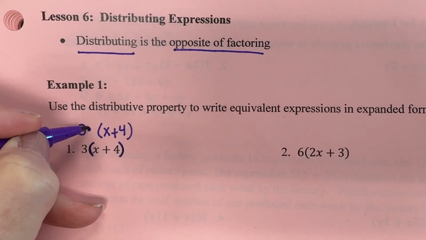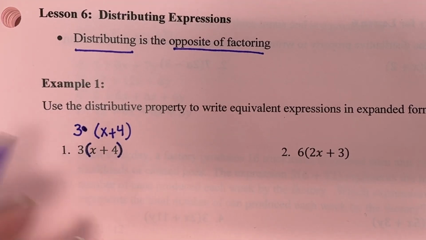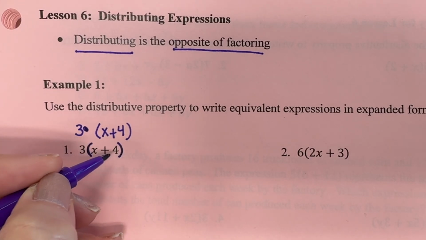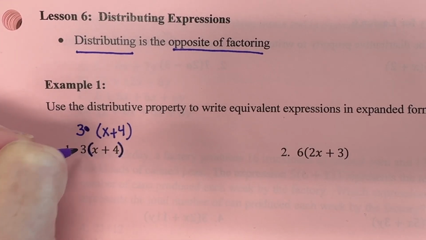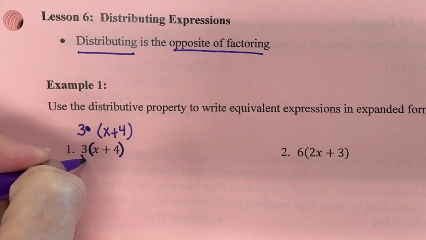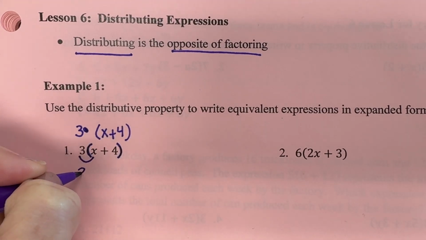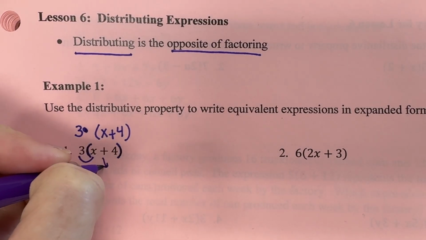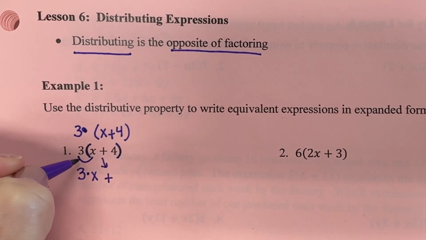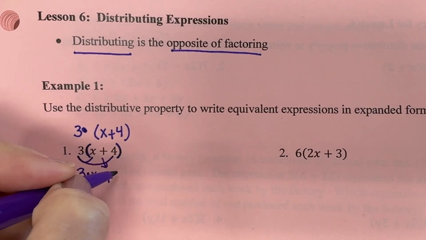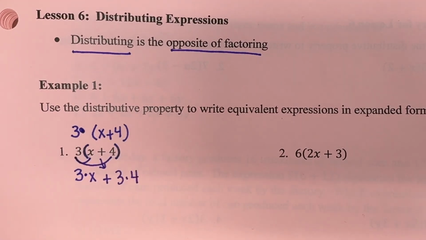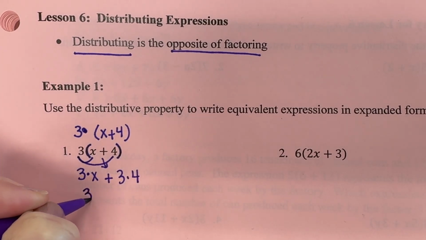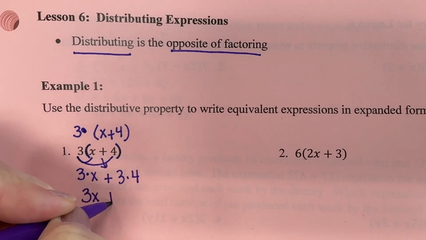Because the x plus 4 is in parentheses, we must multiply this 3 to each part of the parentheses. So it'll look like this. First, we'll multiply the 3 to the x, so that will be 3 times x. Then we'll bring the plus sign down. And then we'll multiply the 3 times 4.